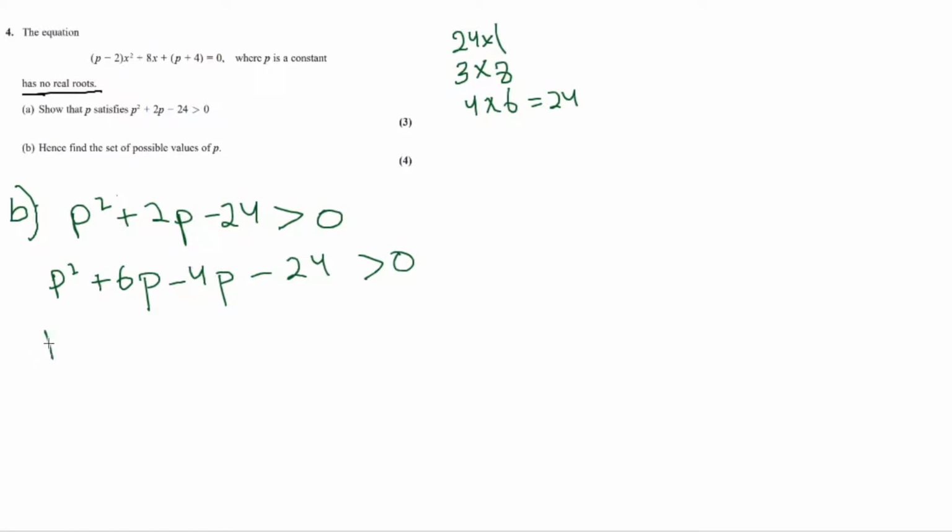Factorizing these, I've got p common here, so p plus 6, and minus 4 and 24, so I've got 4 common here.